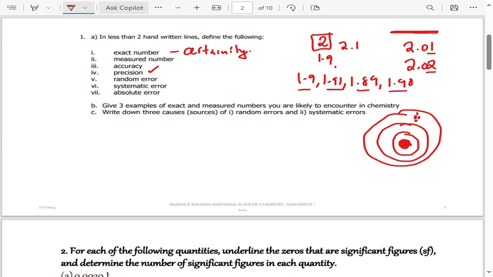How about random errors? What are random errors? Random errors are basically errors that cannot be predicted, unpredictable variations in measurement. You can't predict them, and these ones are mostly going to be caused by changes in the environment or the instrument has got limitations. Let's say, for example, you want to measure the volume of a fluid.